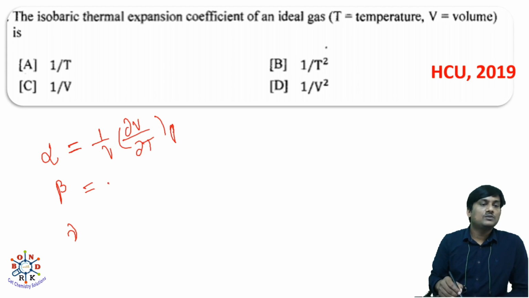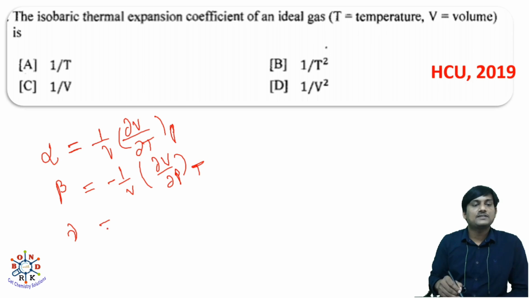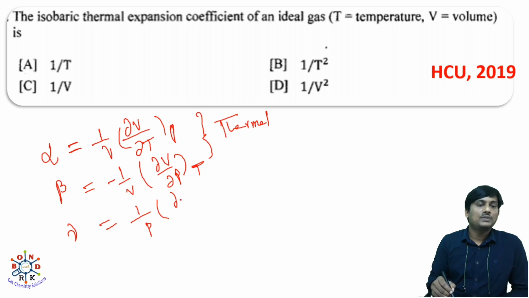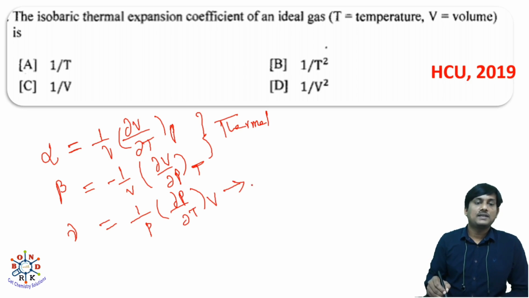Beta is equal to minus 1 by V, dou V by dou P at constant temperature. These are thermal coefficients, and gamma is the pressure coefficient, 1 by P, dou P by dou T at constant volume.